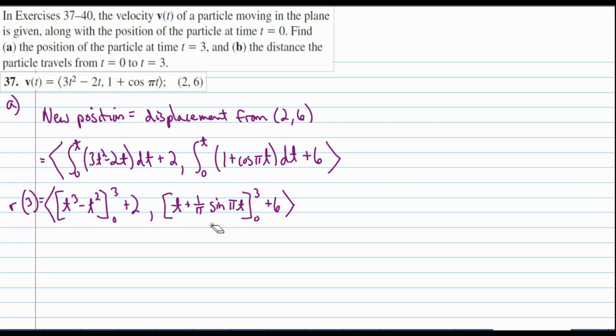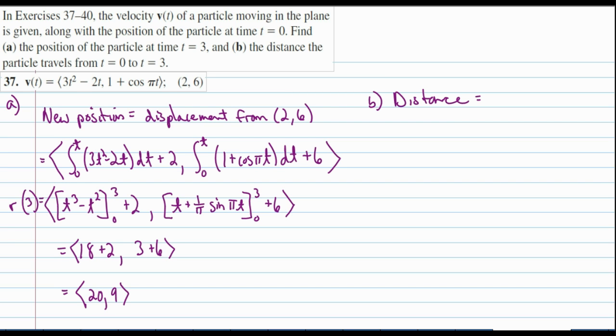And then here's the vertical displacement plus the initial vertical position of 6. That means I get 18 plus 2, comma 3 plus 6. So the displacement was 18, comma 3, but I'm going from the point 2, comma 6 to get me my new location of 20, comma 9. So at t equals 3, the particle is going to be located at 20, comma 9.